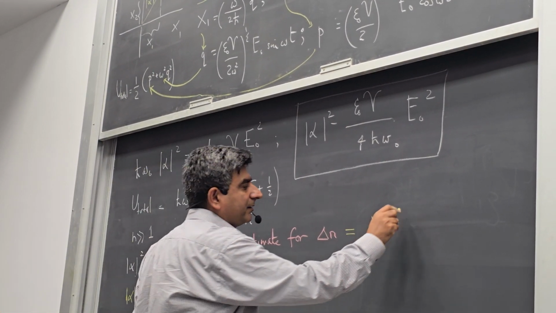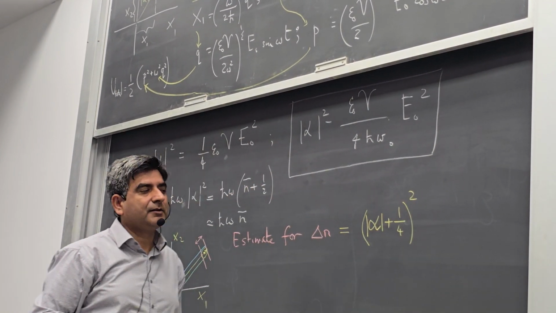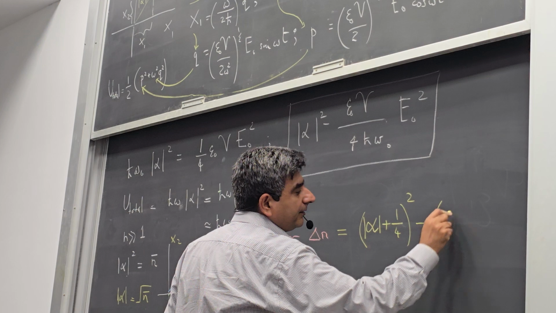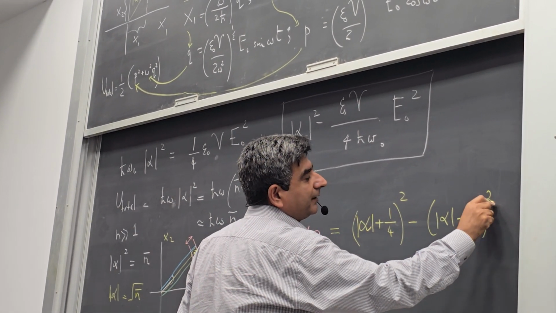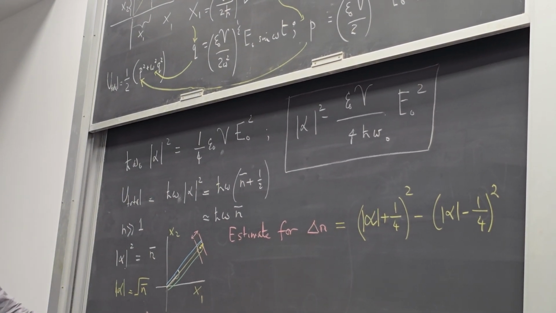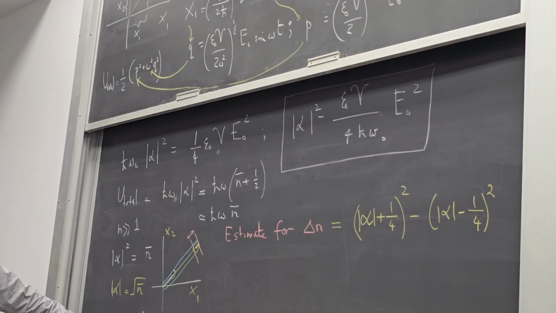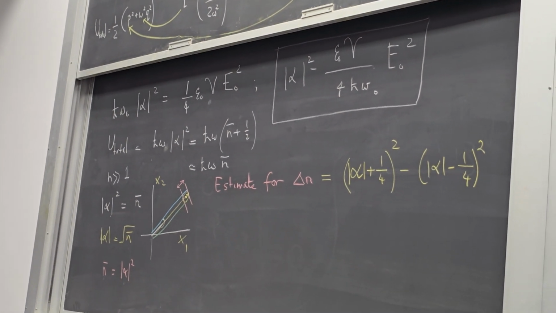So this is alpha plus 1/4 squared minus alpha minus 1/4 squared. Okay, so this is an estimate for the uncertainty in the number of photons present in a coherent state field.